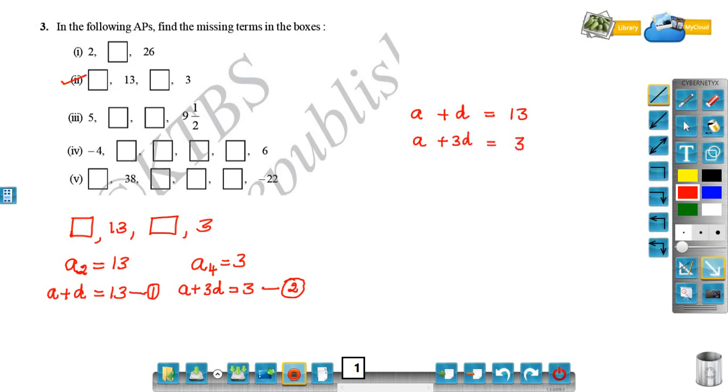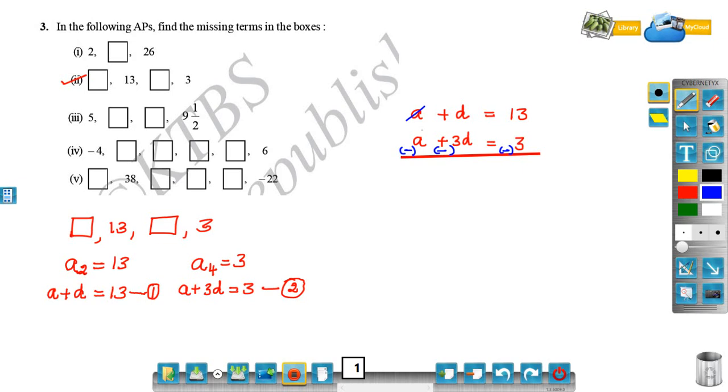Now, in elimination method, we have to cancel one variable. Here in the first equation also we have a, second equation also we have a. So, change the sign of all the terms of second equation.